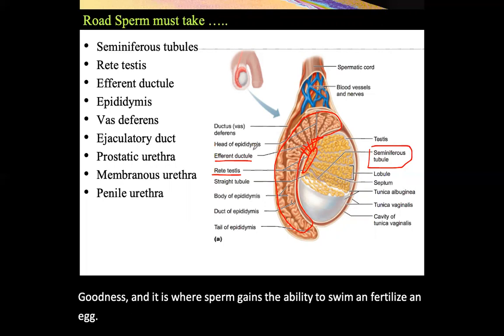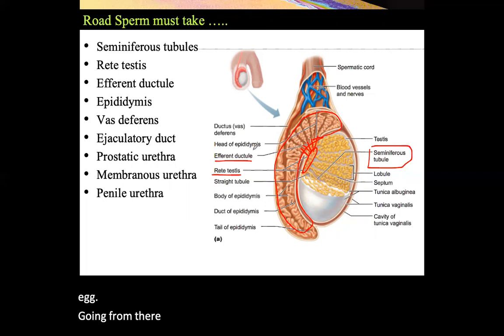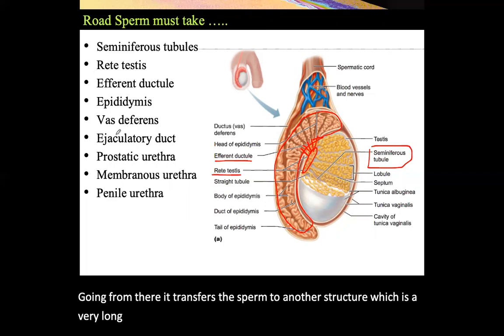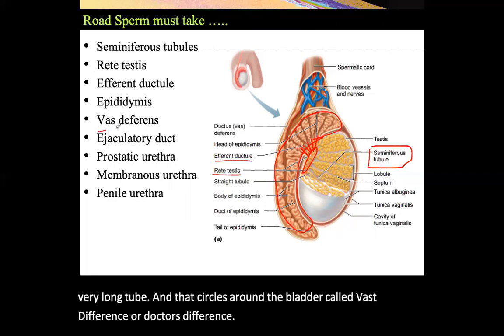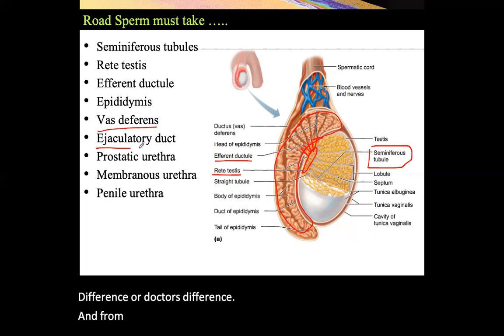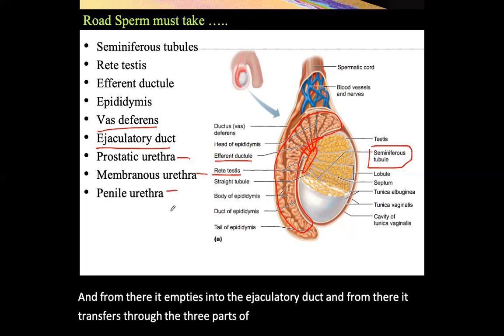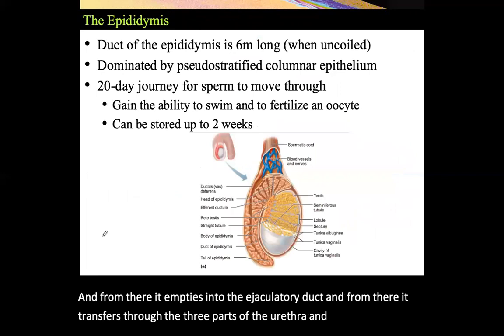Going from there, it transfers the sperm to another structure, which is a very long tube that circles around the bladder called the vas deferens or ductus deferens. From there, it empties into the ejaculatory duct, and from there, it transfers through the three parts of the urethra and eventually exits the body.